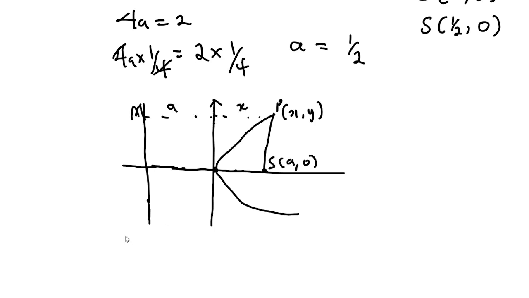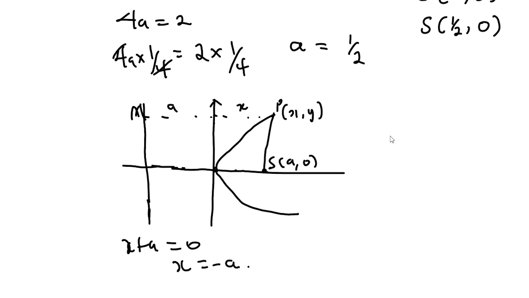Now the equation of the directrix is given by x plus a being equal to 0. So in this case, it is the same as x equal to negative a.